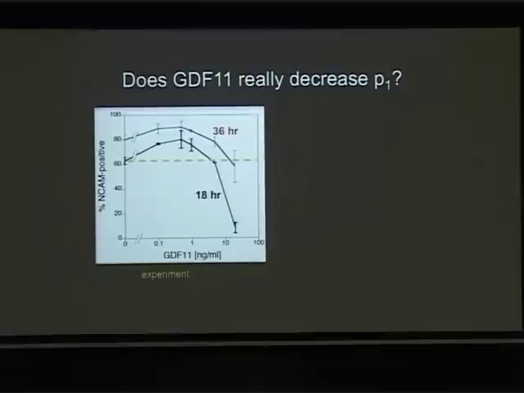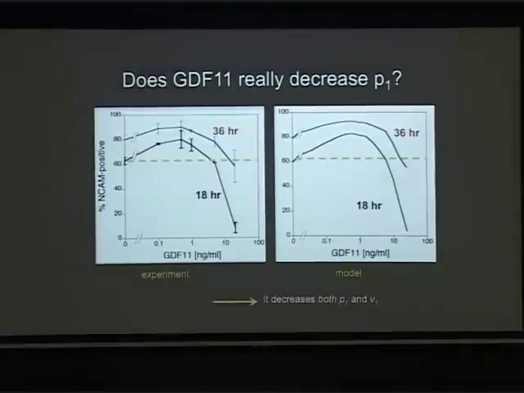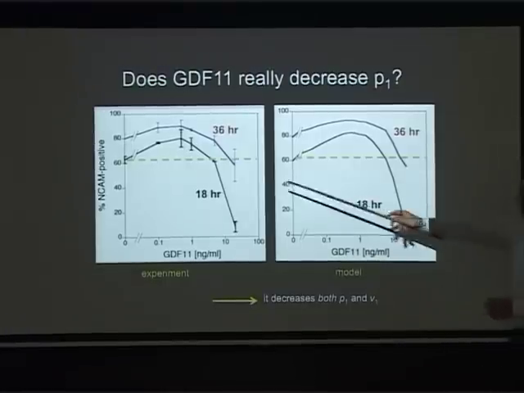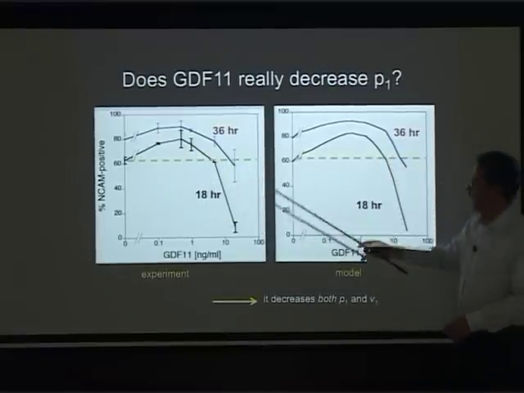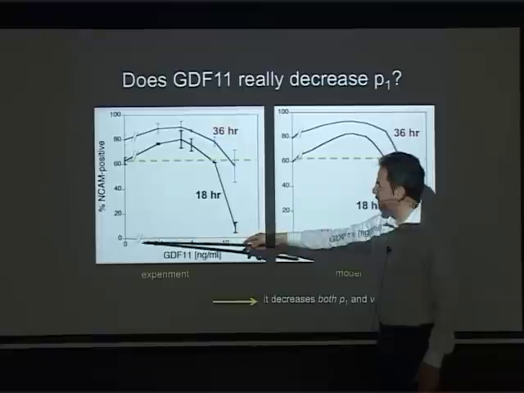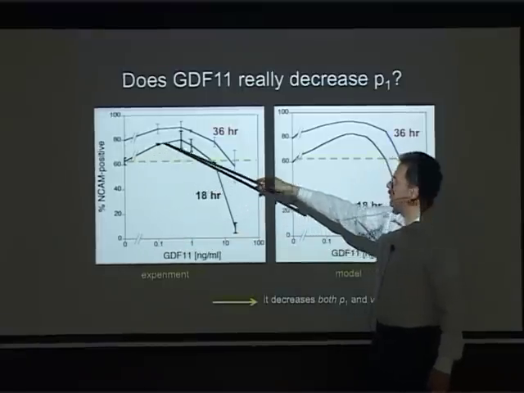So is that really how GDF11 works? It turns out it is. I'll just gloss over this. These are experimental data in which you treat cells in culture with GDF11, and you test what fraction of them go on to differentiate, which would be going up this way, as opposed to not differentiate. And you can show that as a function of GDF11, that fraction goes up.